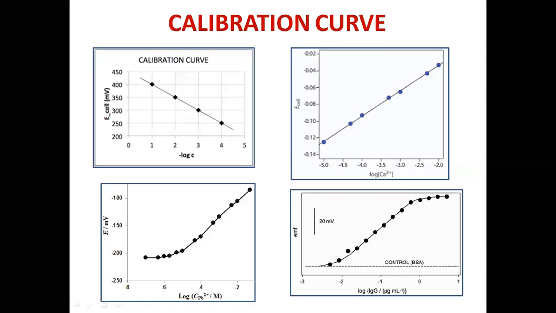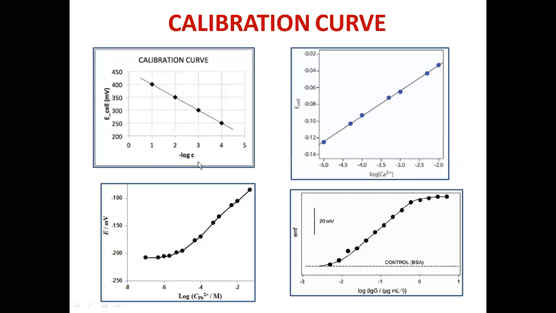Likewise, here also, the calibration line between E cell and negative logarithm of concentration of the analyte will be a straight line, or E cell as a function of logarithmic concentration of the analyte is also a straight line. These are mirror images of each other.